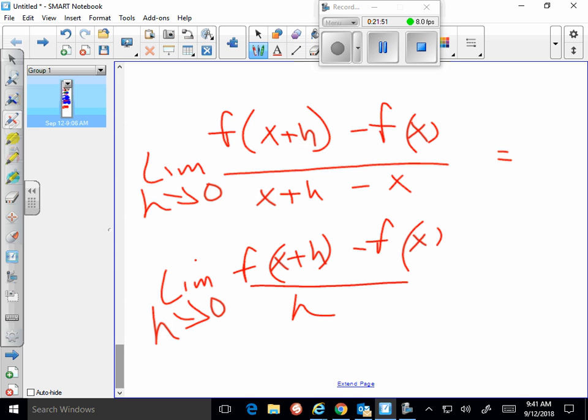So now what we're saying is, sure, there are these 2 points, but we want the limit as this point slides down on top of that. That's what this tells me. And this, then, is my limit definition of the derivative.